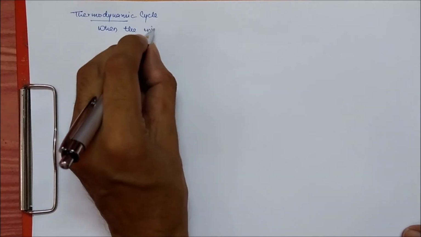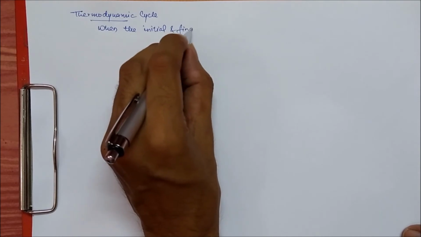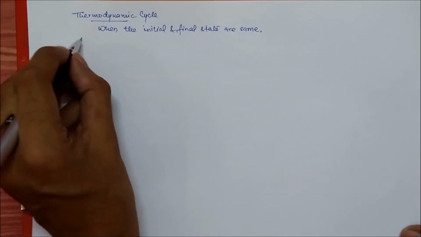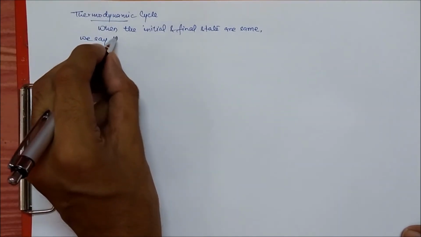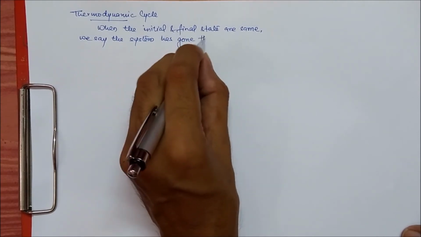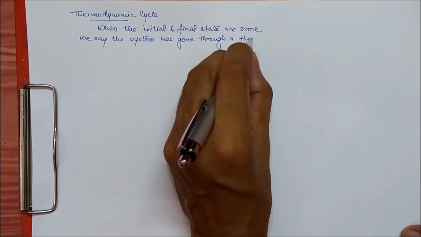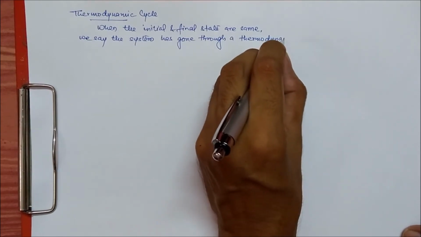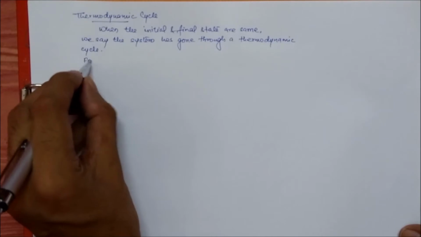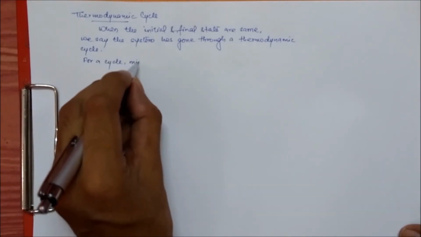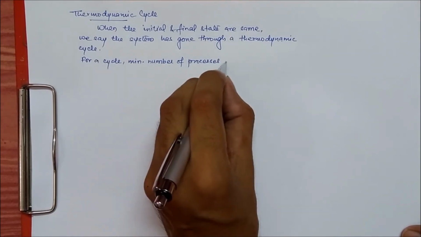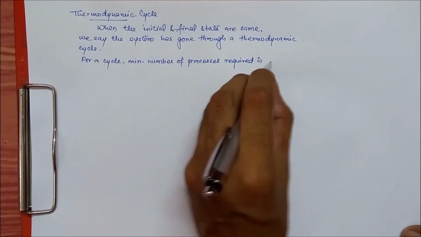When the initial and final state are the same, we say the system has gone through a thermodynamic cycle. For a cycle, the minimum number of processes required is 2.